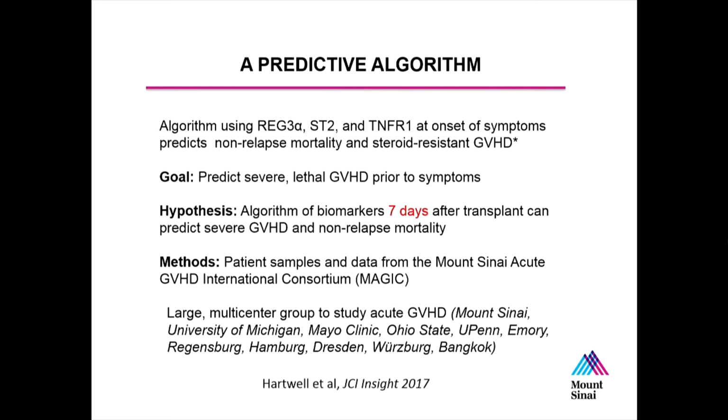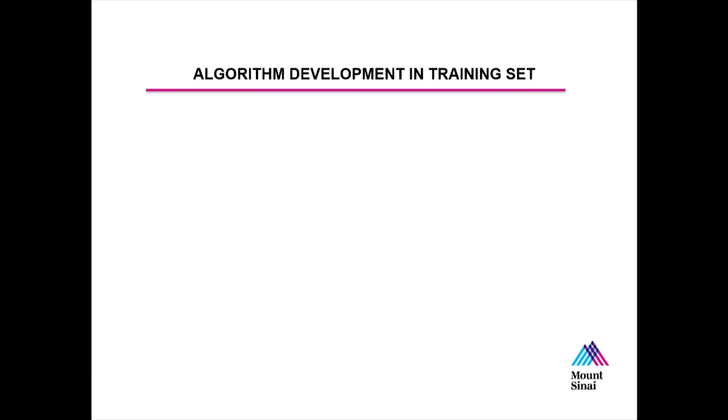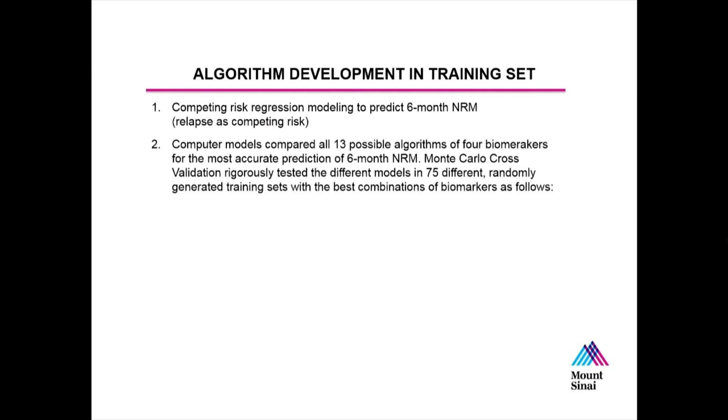The data that I'm about to show you have now been published 2 weeks ago in JCI Insight. First author is Matthew Hartwell. So we use competing risk regression to model 6-month non-relapse mortality with relapse as the competing risk.